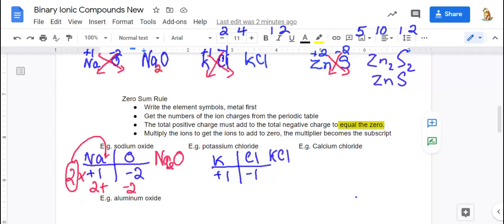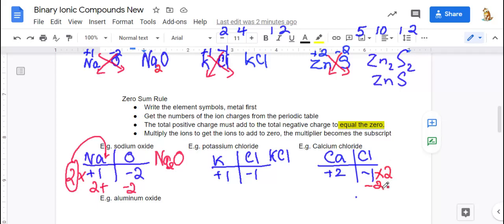Calcium chloride. Calcium and chlorine. Calcium's charge is +2. Chlorine's charge is -1. So I have to make these two numbers equal. So if I multiply the -1 by 2, I get -2 total.